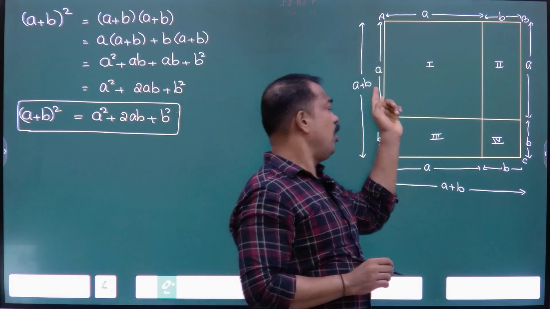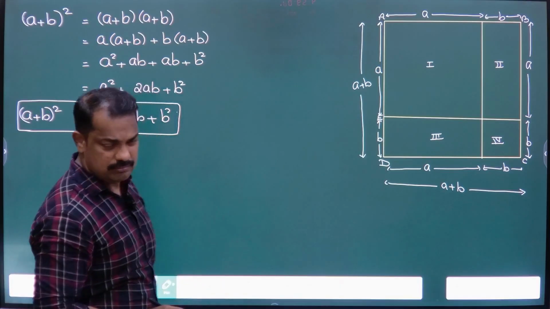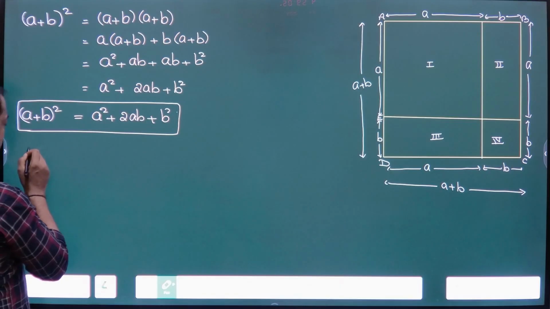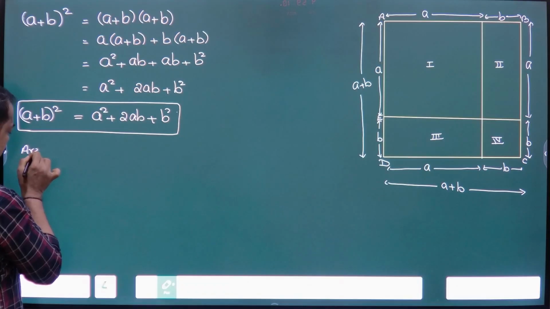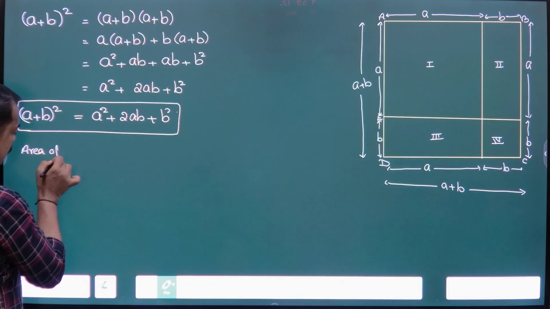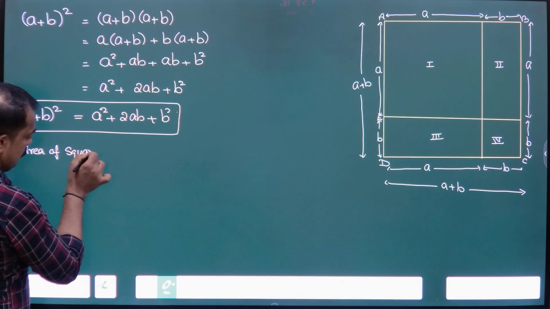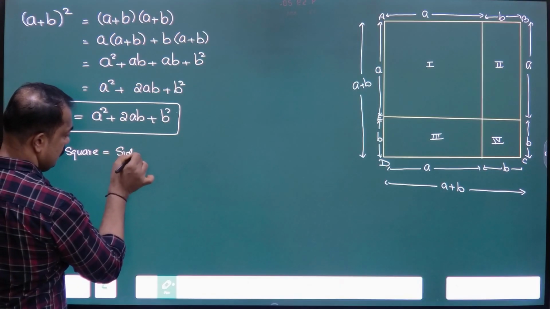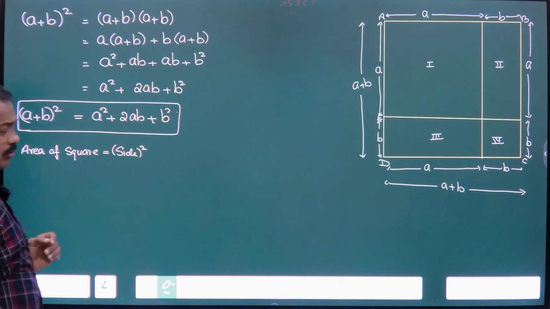What is the shape of the bigger part? Square. And area, we can find the area of the square. So what is area of square? Area of square is equal to side square, है ना, side square.